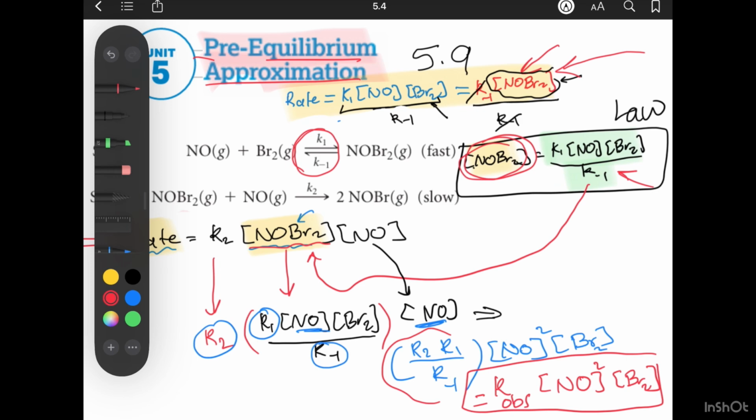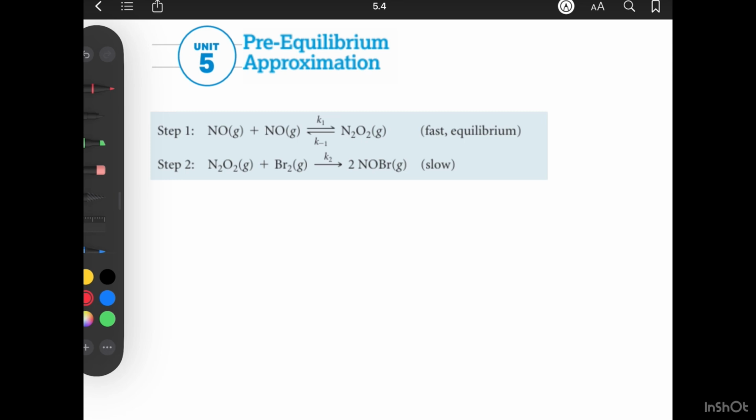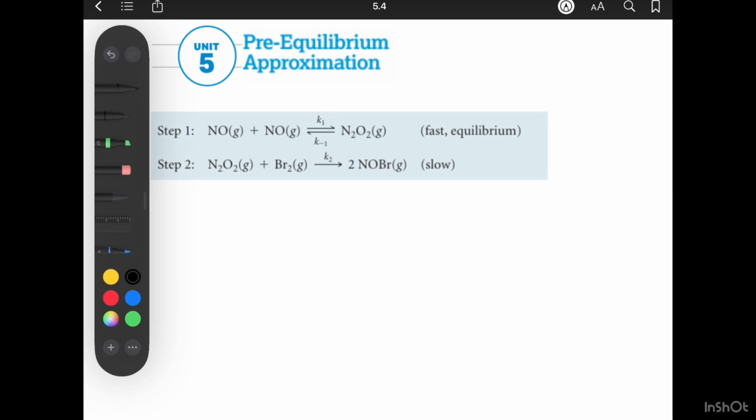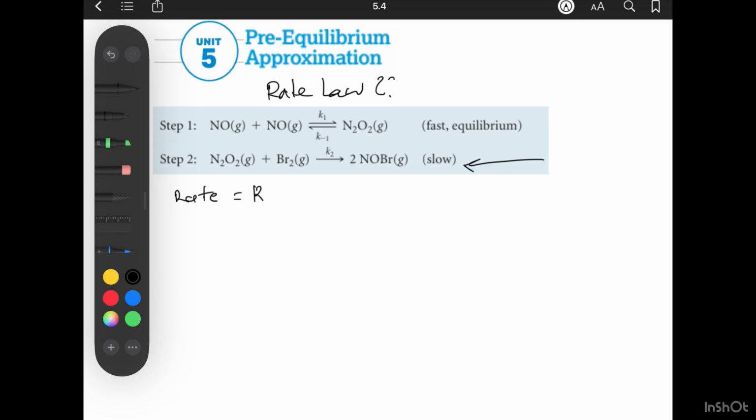Let's take another example. The question says, how can I write the rate law for this equation? First of all, you have to look at which of these is the slowest one. This is the slowest one. So the rate is equal to k2 times [N2O2] and then [Br2].